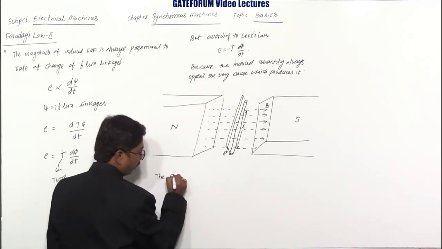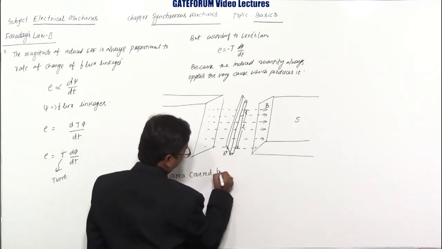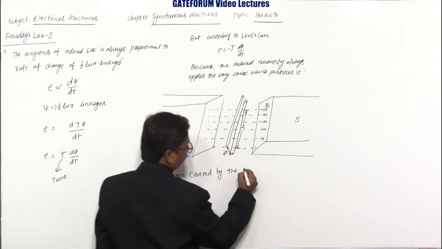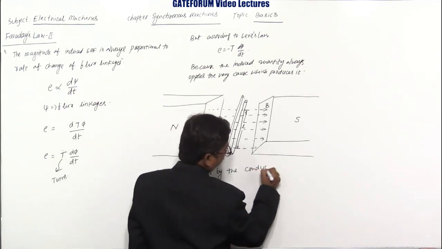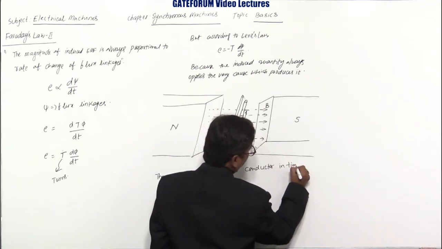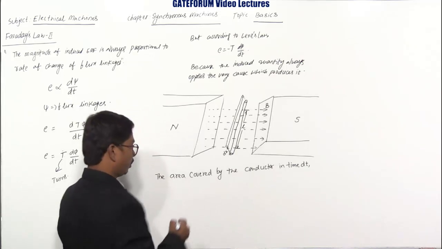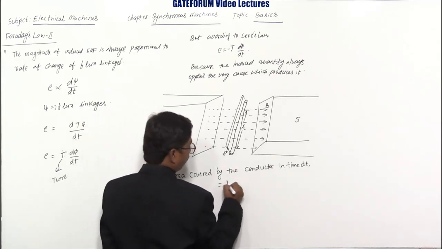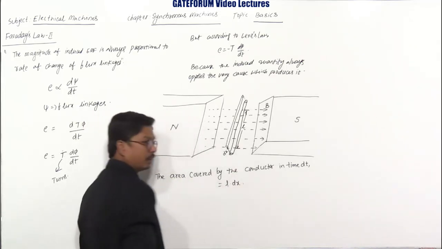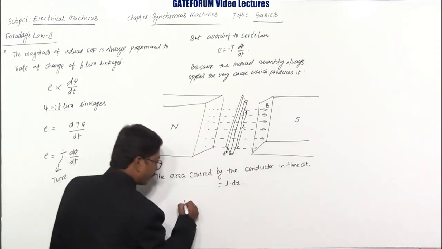The area covered by the conductor in time dt is the length into the distance, L into dx. So what is the flux density?